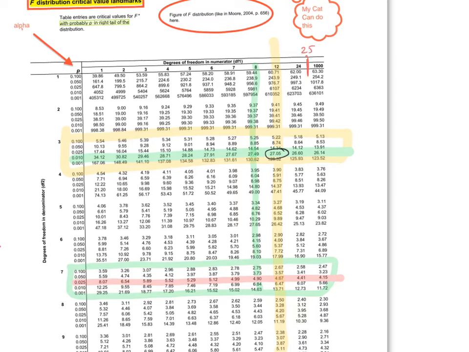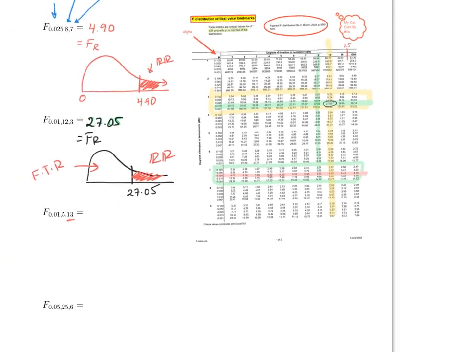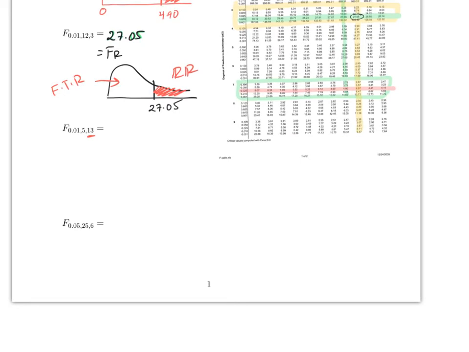Well, the closest thing to 25 is obviously 24, and then the other number we want is 6. So therefore now we have to look at this one, 25 and 6. If the degrees of freedom are not on the table, all you have to do is use whatever is the closest one.